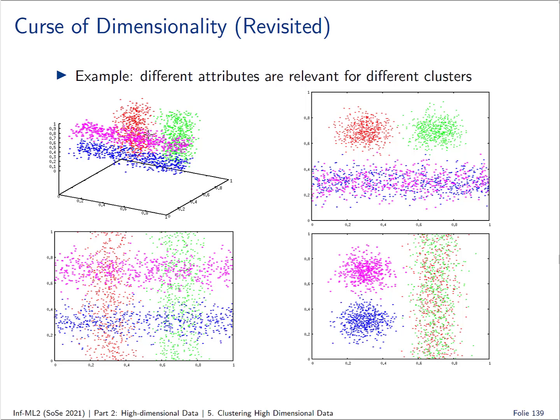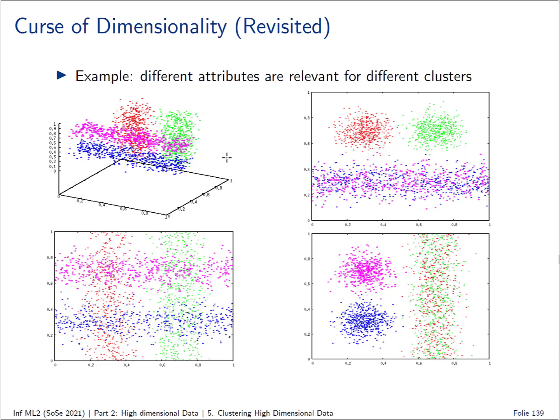Now, this is a three-dimensional data set, so depending on which kind of two-dimensional projection we take, we can look at the data set from one view. We could take this two-dimensional projection, or this one here.